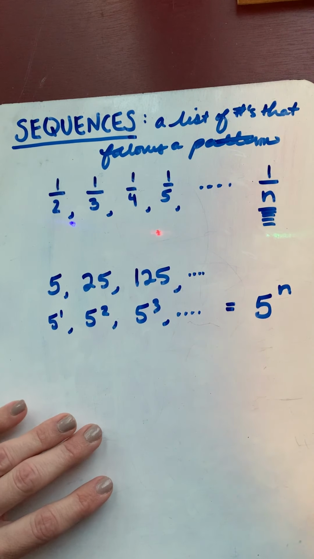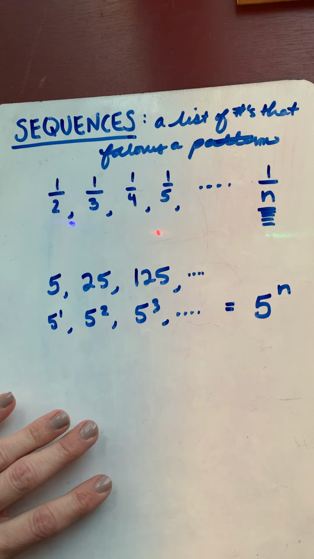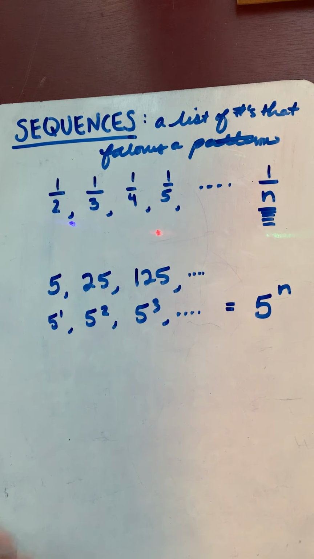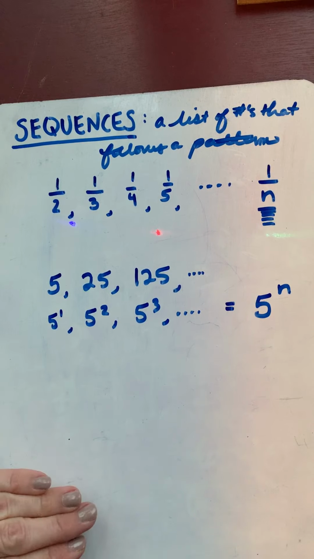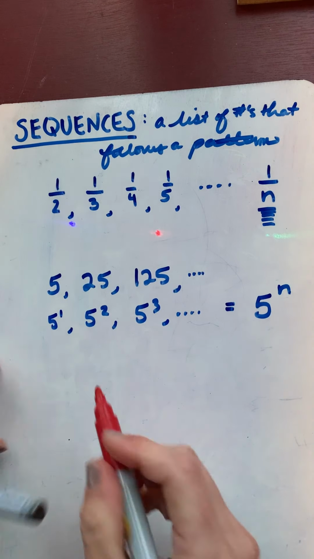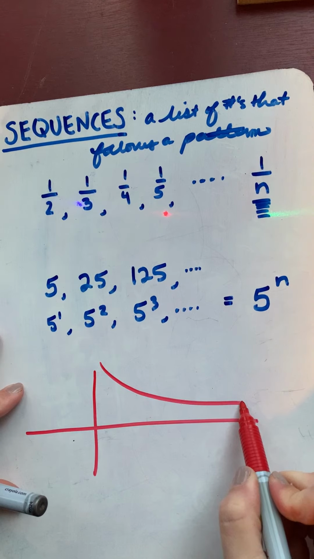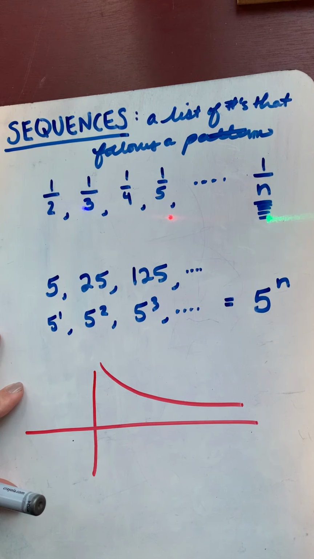What we're going to be asking ourselves in this first part is, does the sequence we have converge, or does it diverge? This is going to be different than improper integrals. With improper integrals, we were wondering if the area under the curve diverged or converged.